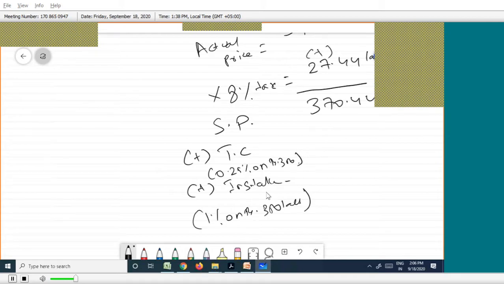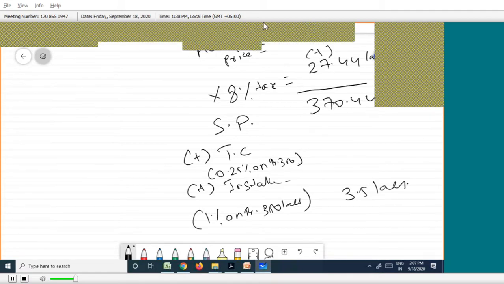So 1% of 350 lakhs, how much? I think it is 3.5 lakhs. Then what about transportation charges? 350 into 0.25%, how much? 0.875 lakhs.